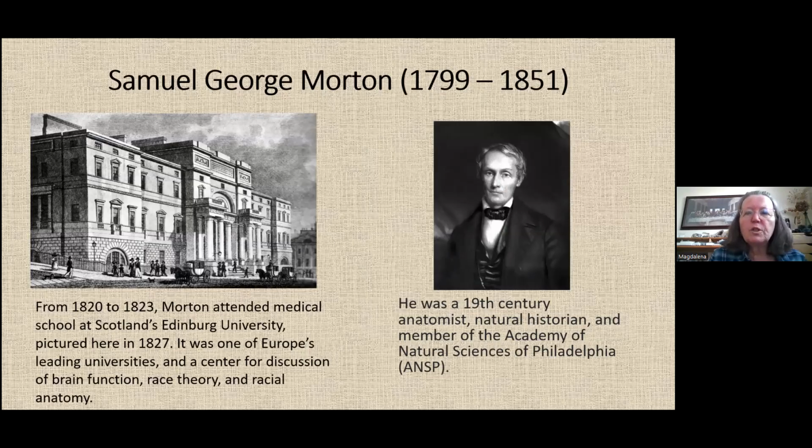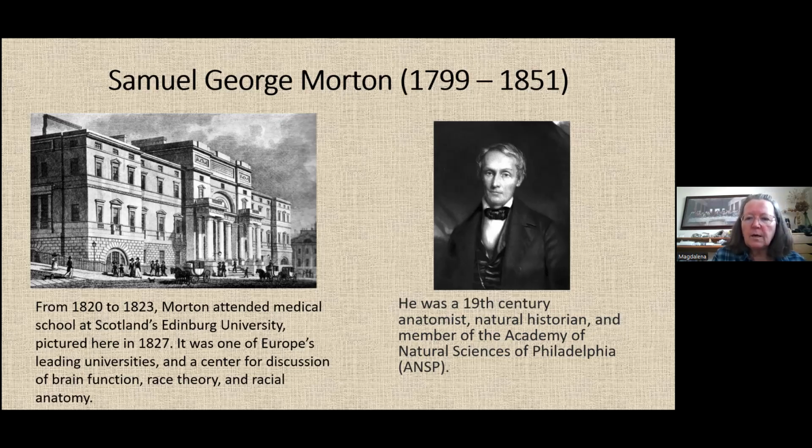Samuel George Morton, okay. He was actually born in Scotland. He attended medical school at Scotland's Edinburgh University. And this was one of Europe's leading universities and a center for discussion of brain function, race theory, and racial anatomy, okay.